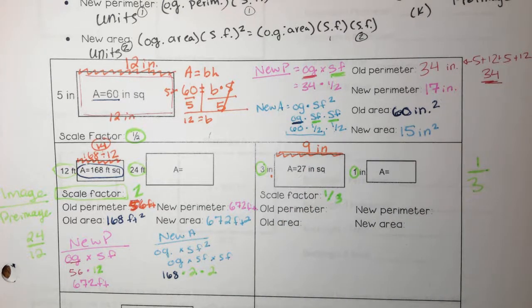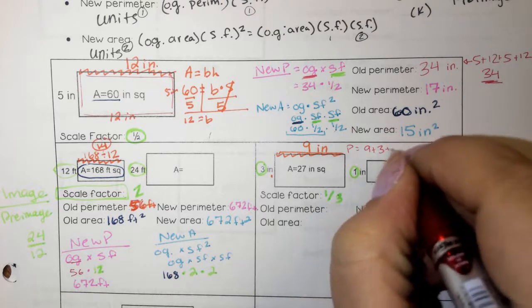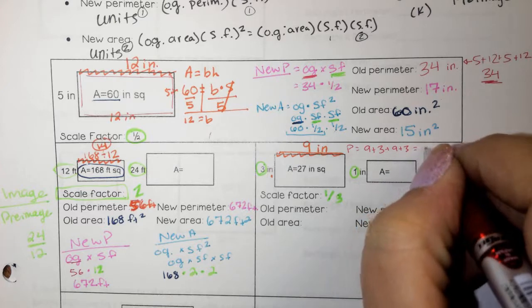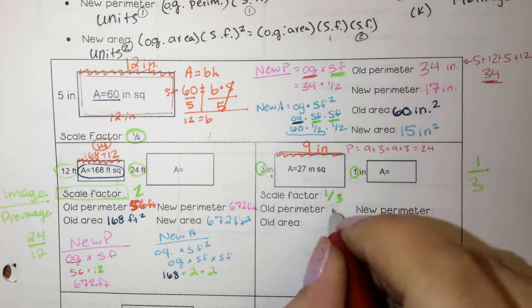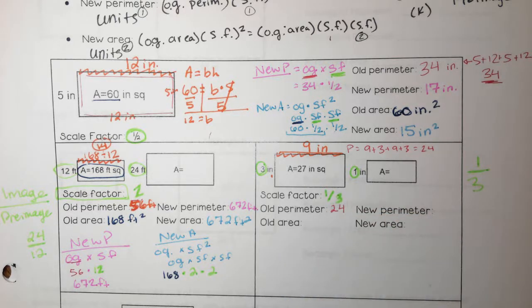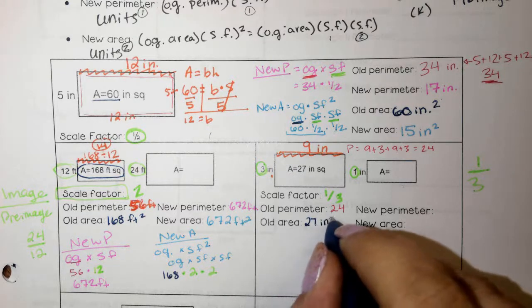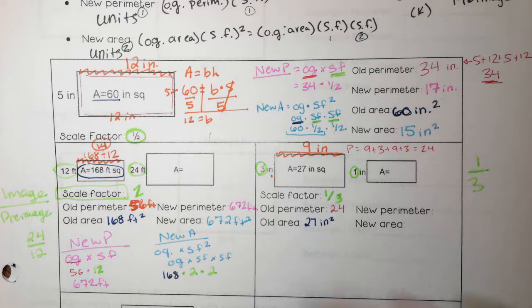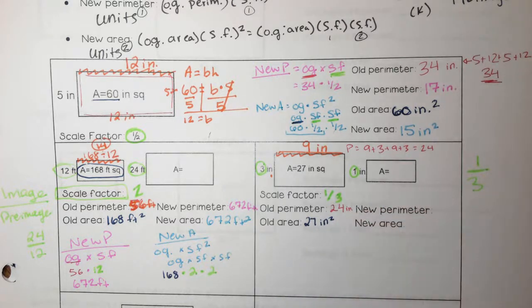The old perimeter then is 9 plus 3 plus 9 plus 3, which is 24. So the old perimeter is 24, and they told us that the old area was 27 inches squared. I'm going to go back in and add the old perimeter's units was inches.